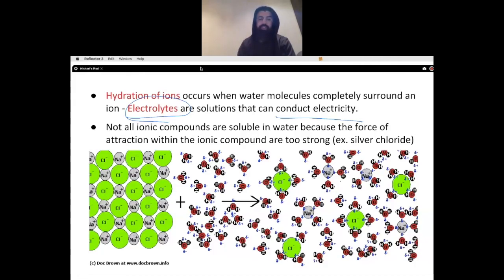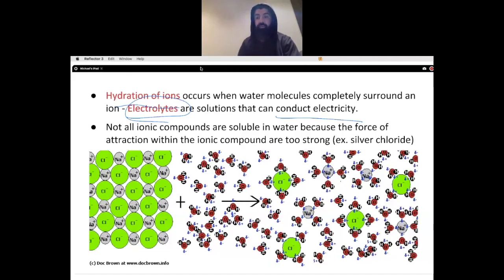This is also referred to as the hydration of ions, and it occurs when water molecules completely surround the ions, creating charges that allow for the conductivity of electricity. Not all ionic compounds are soluble in water, because the force of attraction within some ionic compounds is too strong to be broken apart by water molecules.